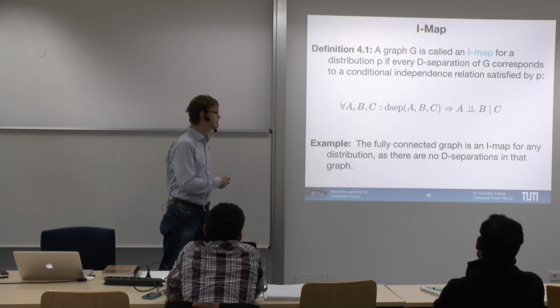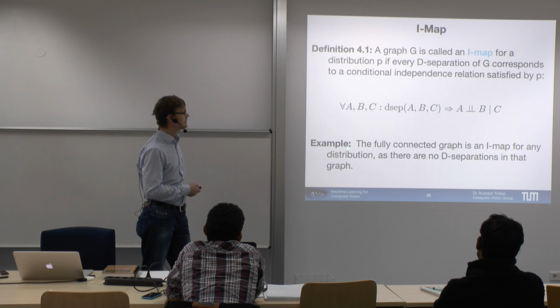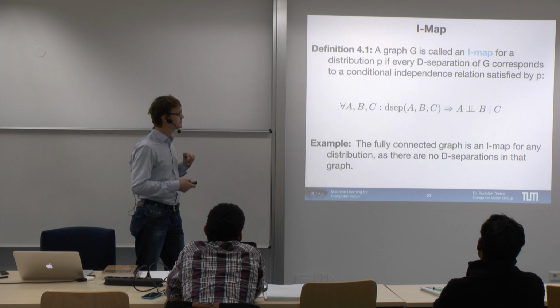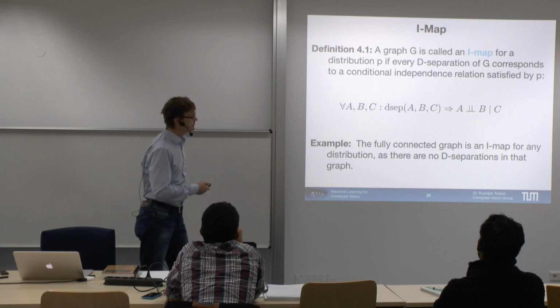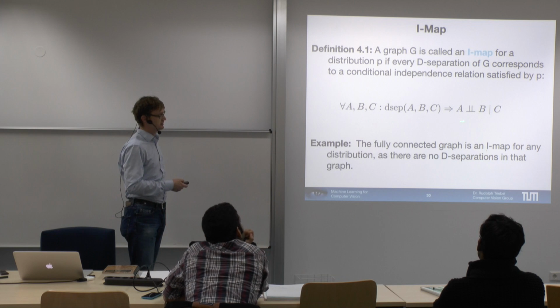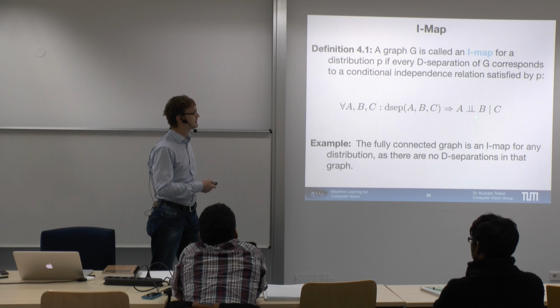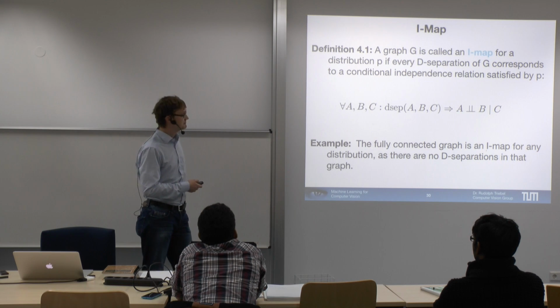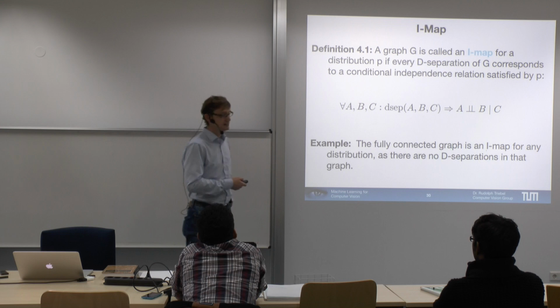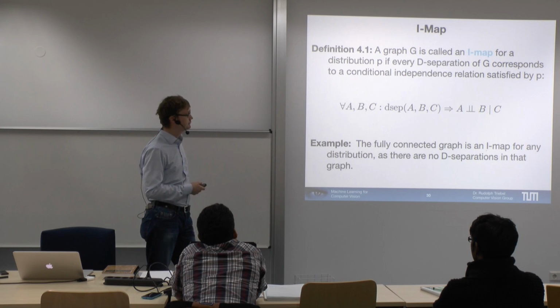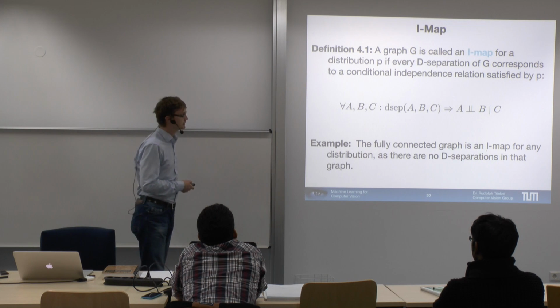The fully connected graph is an I-map for any distribution because there are no d-separations, right? Because in the fully connected graph, you will always find a path from A to B. So there's no blocking and no d-separations. That is, by definition, then any d-separation represents a conditional independence relationship. That means if we don't have d-separations, then trivially we don't have to look at this, right? This means the fully connected graph is an I-map for every distribution.